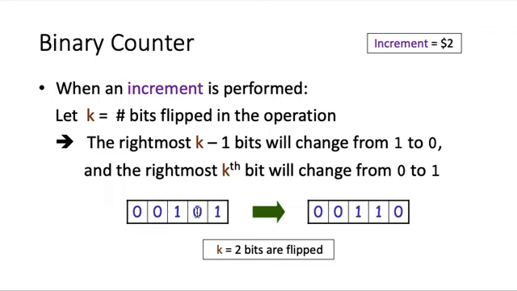We have an example that we have seen before. This is a counter for the value of 5. When it is changed to a counter of value 6, altogether 2 bits are flipped. These come from a sequence of bit 1s, starting from the right-hand side, being flipped to all zeros, and after that, the last bit changes from 0 into 1.